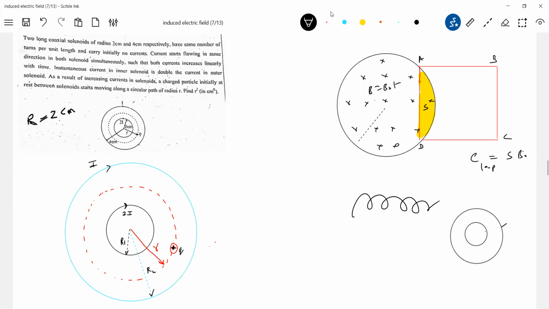The current increases linearly with the time. So let me take I is equal to kt, and 2kt for the other, so the magnetic flux changes. So now what will happen to the induced electric field here? B bar due to both will be into the plane, no? So how the induced electric field should act at this particular point?